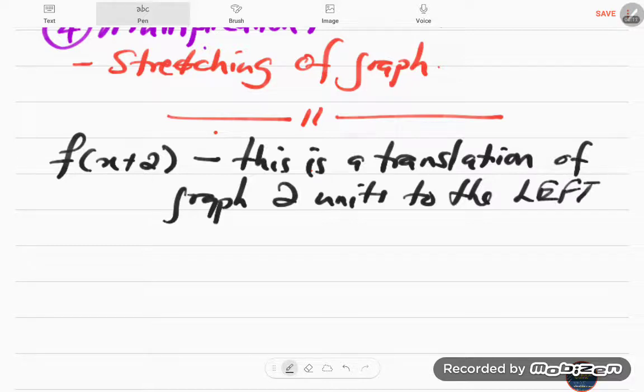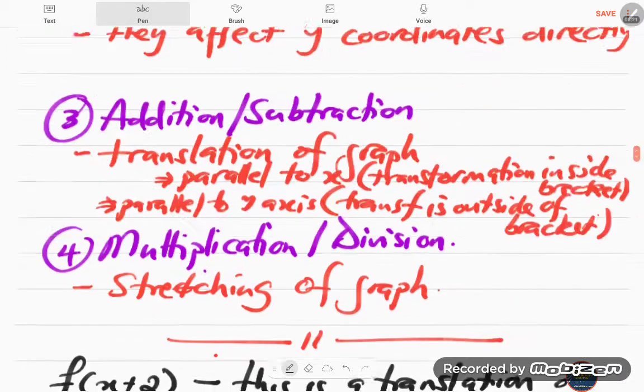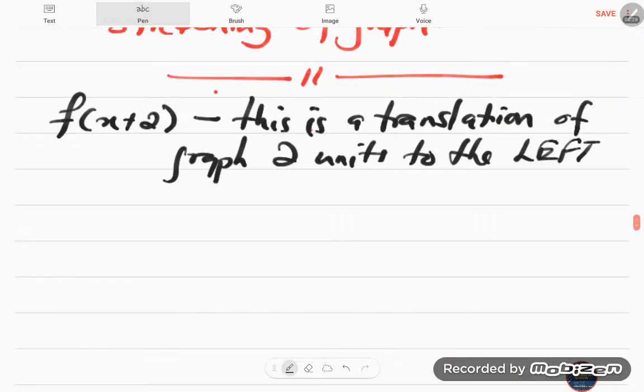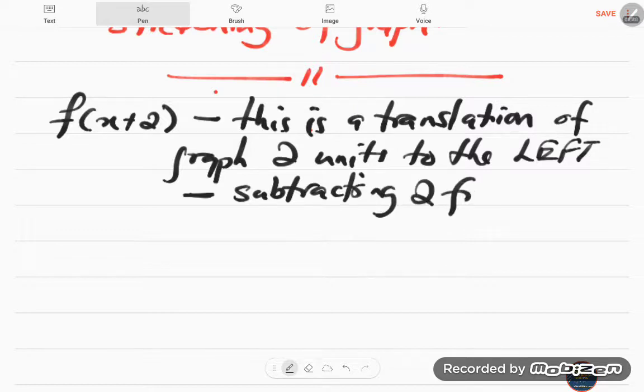Because we did say if it happens inside the bracket, then it's going to be parallel to the x-axis, either going to the left or to the right. In this case it's 2 units and it's to the left. This is where the inverse part comes in. The inverse part states that the opposite will happen. You're adding 2, but your graph is moving to the left. So in actual fact, we are subtracting 2 from our x coordinates.